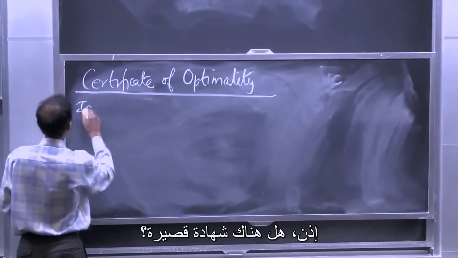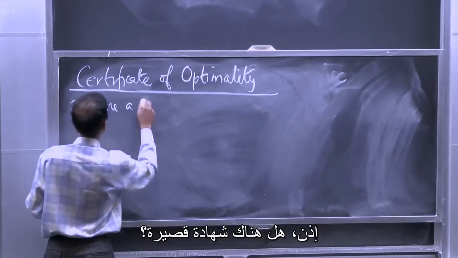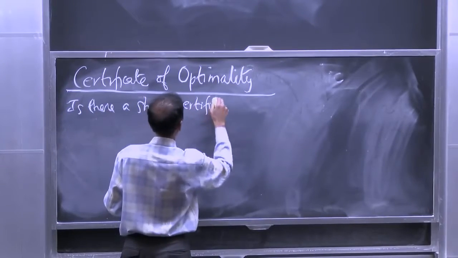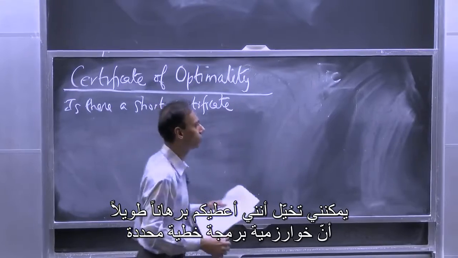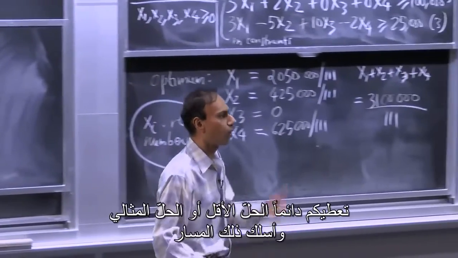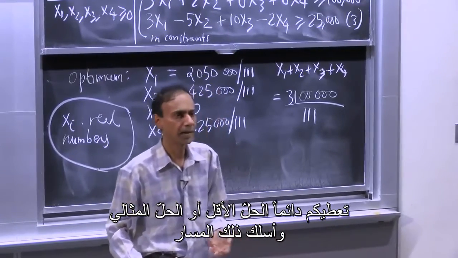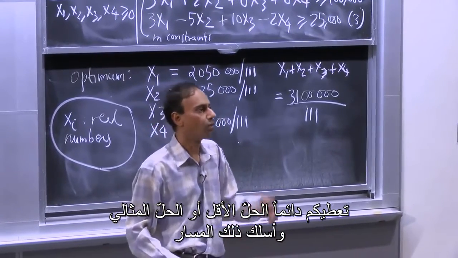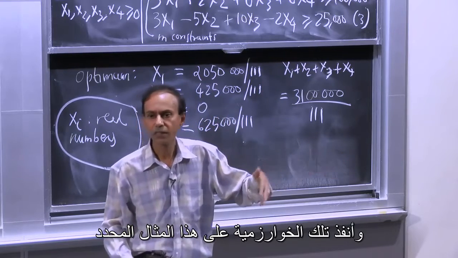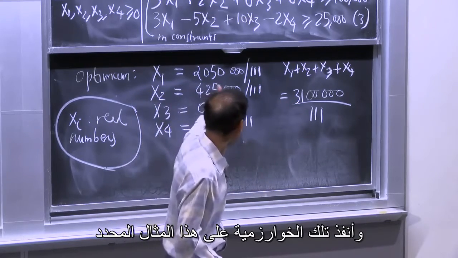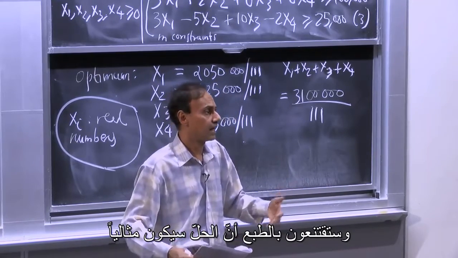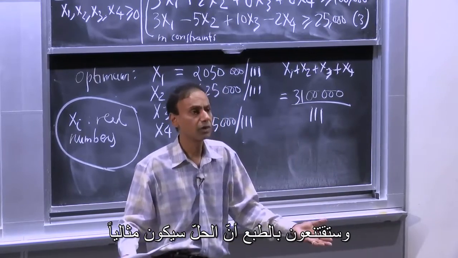So is there a short certificate? I can imagine giving you a long proof that a particular linear programming algorithm always gives you the optimum answer, walk through that, execute that algorithm on this particular example, and then you're convinced, of course, that the solution is going to be optimum.